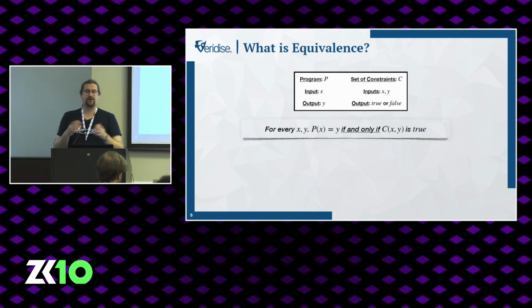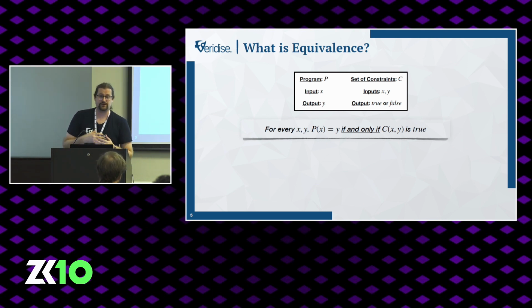And so in a lot of cases, the program that you're encoding is deterministic. And so basically what you want to ensure is that, because your program is deterministic, you want your constraints to be deterministic as well, in that your constraints are only going to accept a witness that was generated by your witness generator.